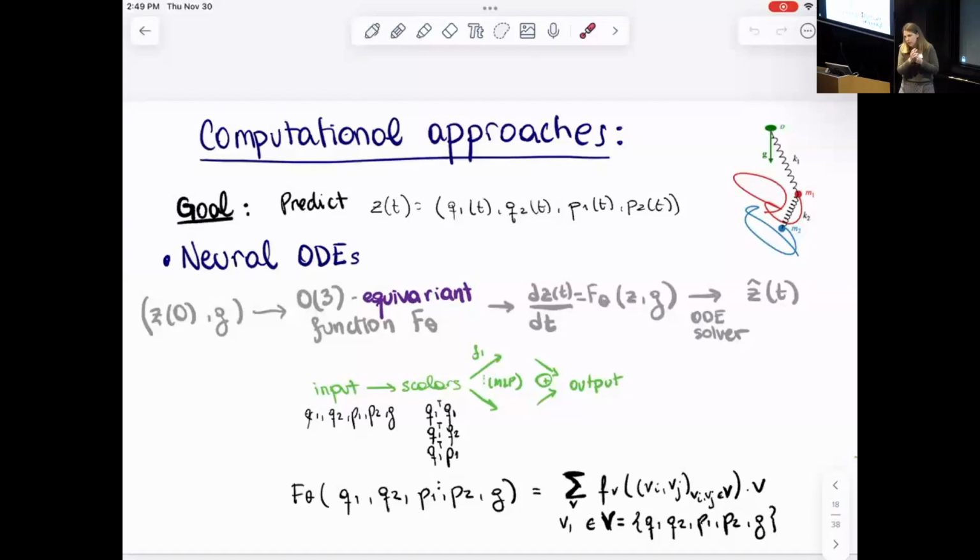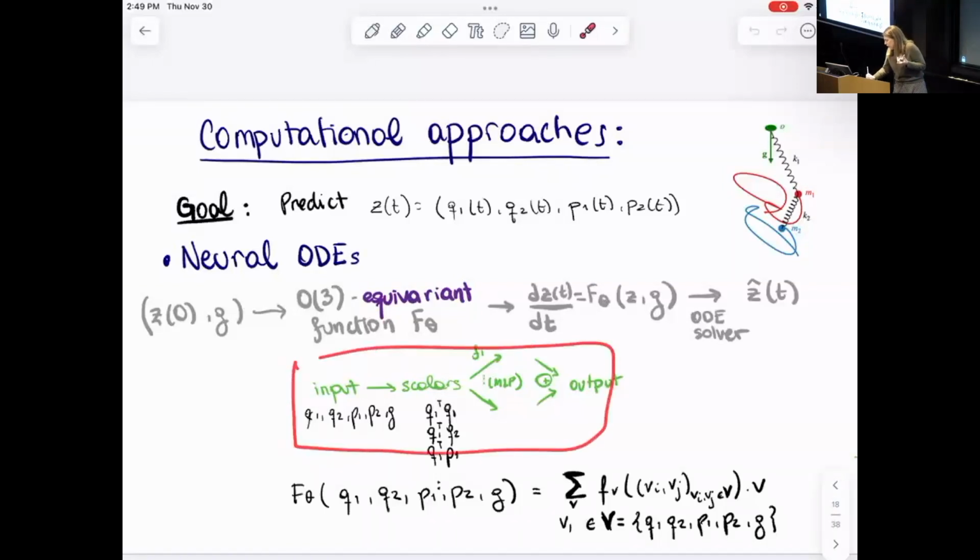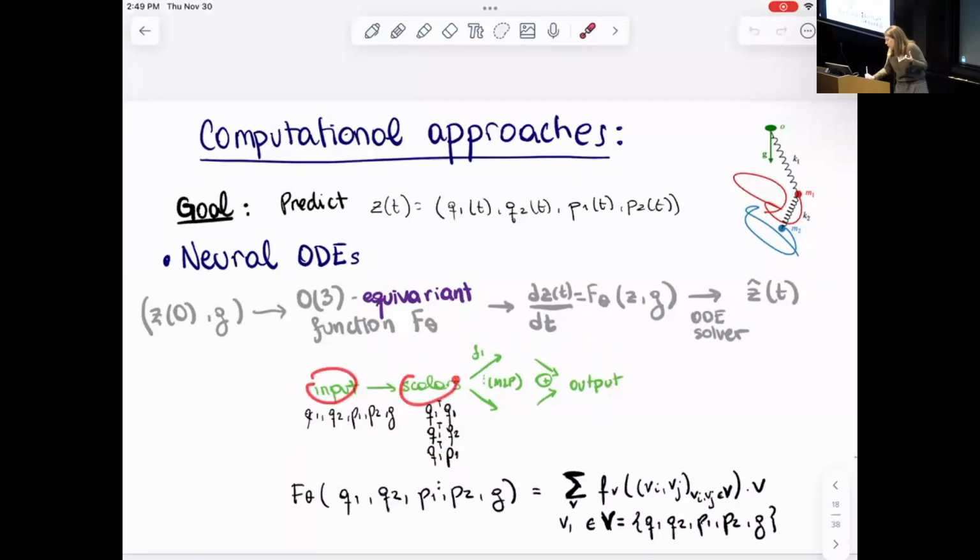That is the neural ODE model. What I'm saying is that this differential equation needs to be written in terms that are equivariant with respect to O(3). So this differential equation would be parameterized by taking your input vectors, computing the scalars, and then learning the coefficient functions from the parameterization that I gave you earlier. That is the way of writing this neural ODE in an equivariant way.